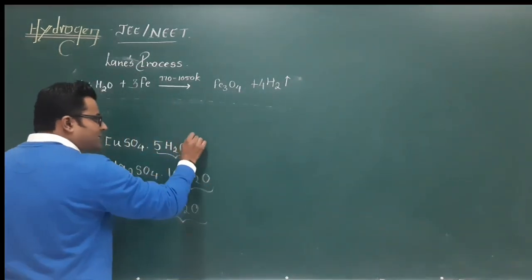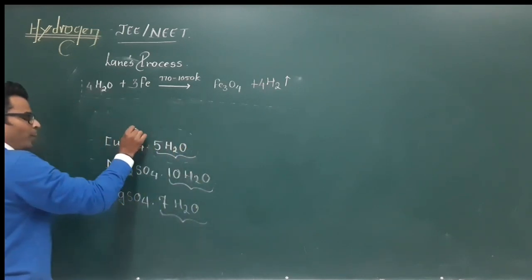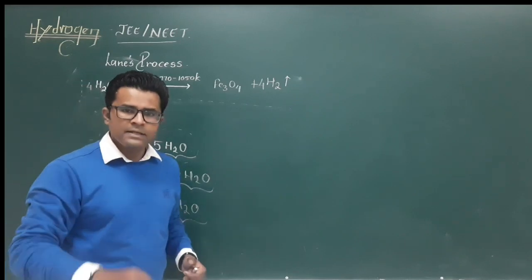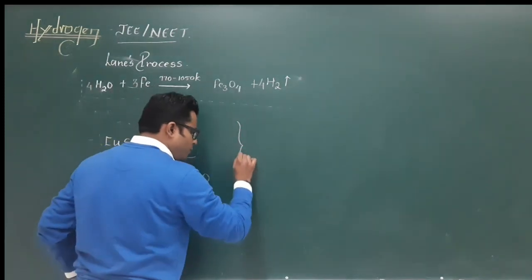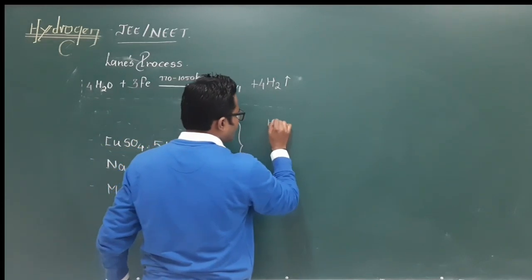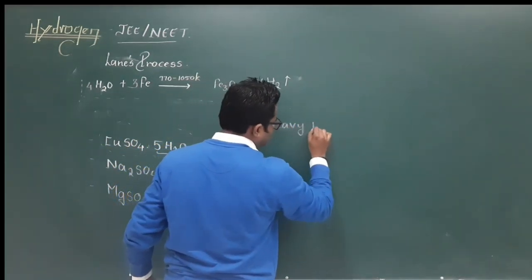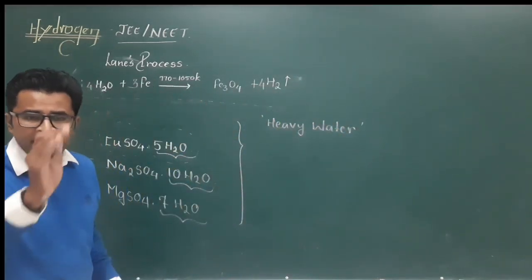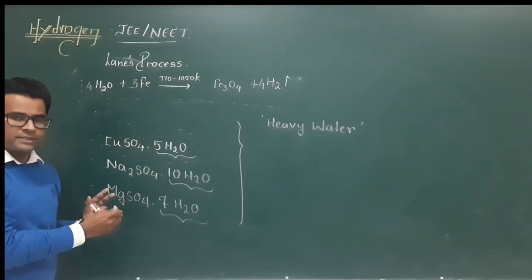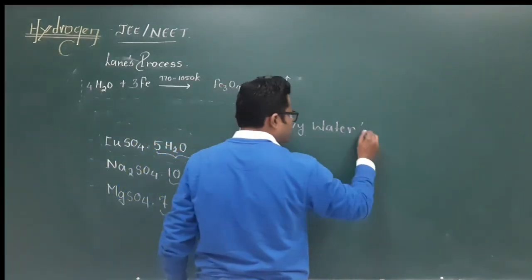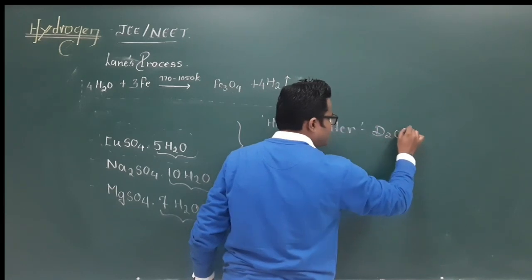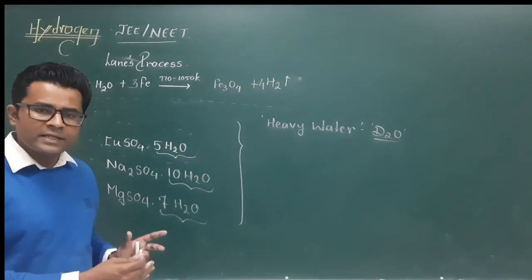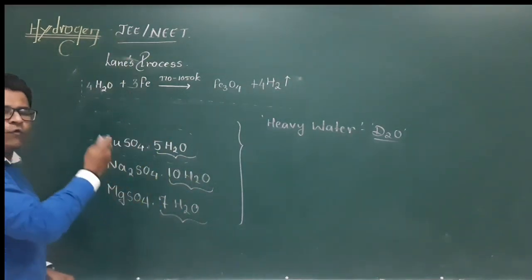Here water is associated with the salt type of compounds in order to form complexes. In a similar way, heavy water associates just as ordinary water does. Heavy water is D2O. Chemically, D2O has the same effect on the complexes as ordinary water molecules.